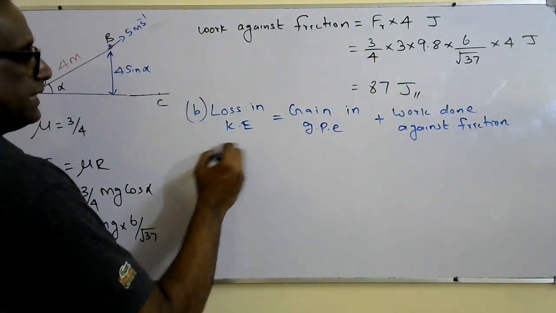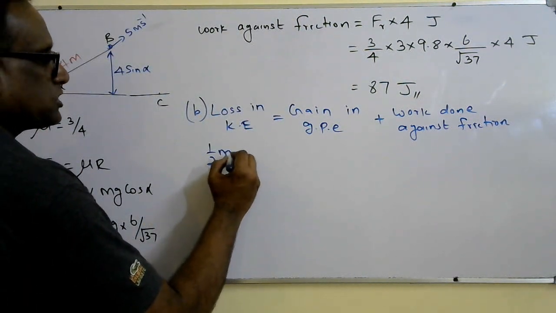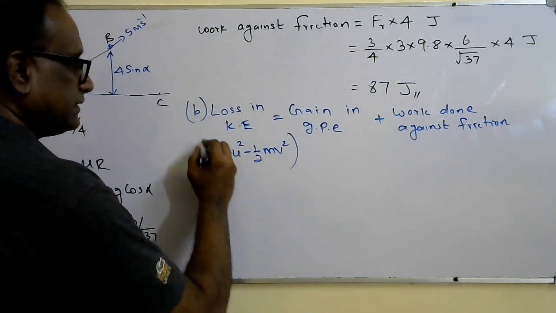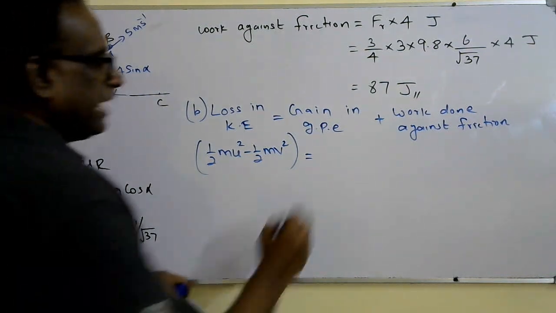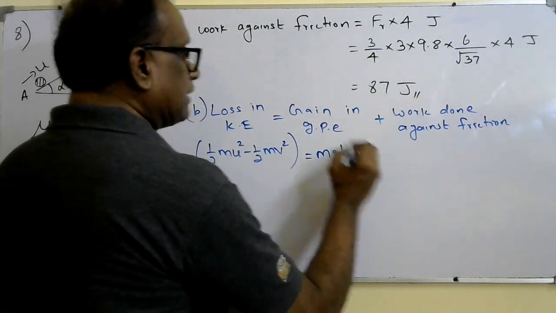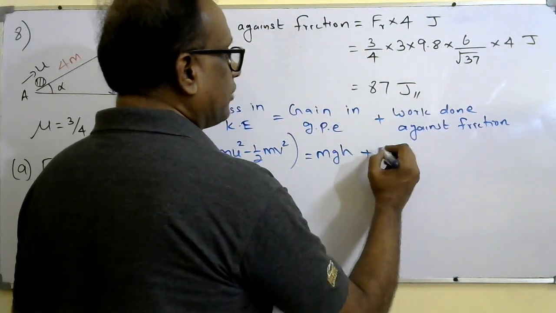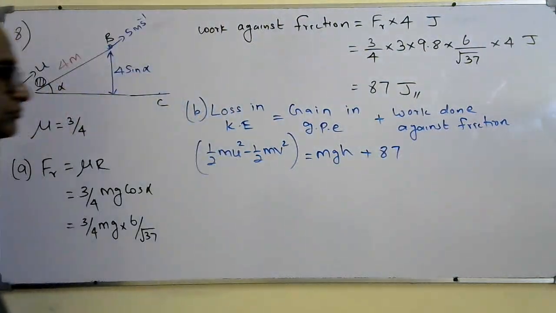Loss in kinetic energy, initial kinetic energy, half m u squared minus half m v squared. Gain in GPE, mgh, h is 4 sine alpha, plus work done against friction, you already found it, 87. Substitute, and you need to find only u.